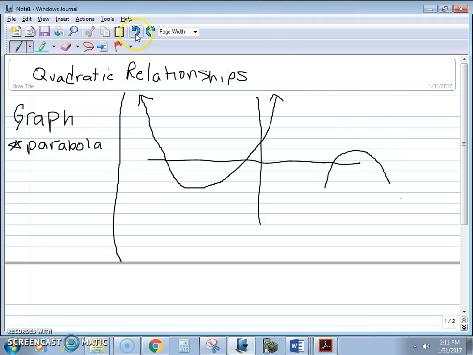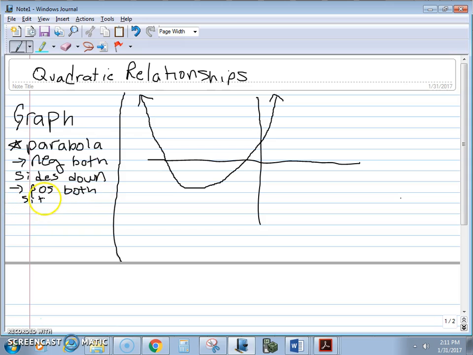So a negative parabola, both sides go down. And a positive parabola, both sides go up, like a smiley face.